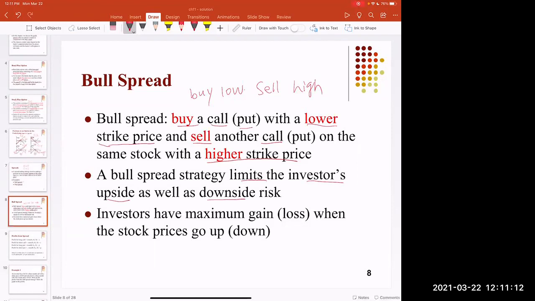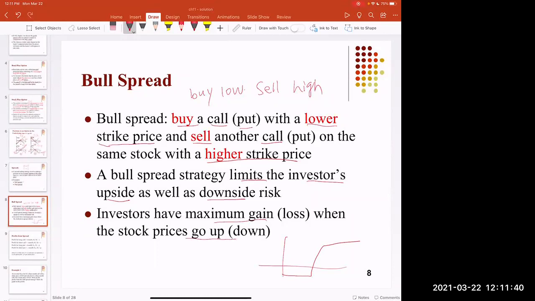If you draw the profit pattern, you're going to see it might look like this. For the upper and lower sides, they have limits, so the investor has a maximum gain and maximum loss when the stock price goes up or down.